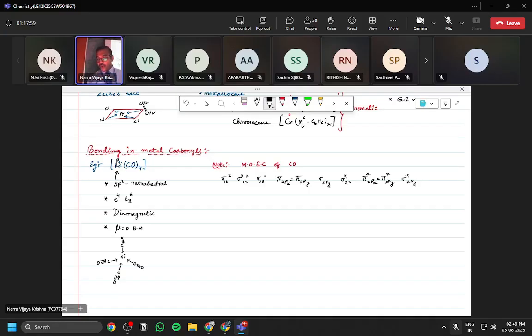Now can I write this as the highest occupied molecular orbital? And what about this? If it is donating electrons, it has to donate from sigma star 2s. If it is accepting electrons, it has to accept into pi star.